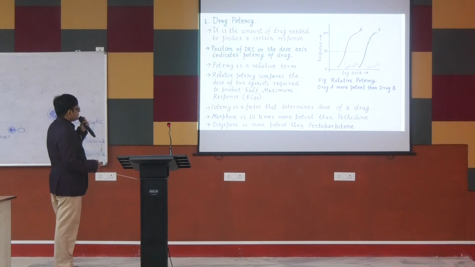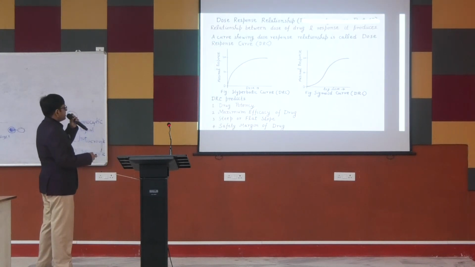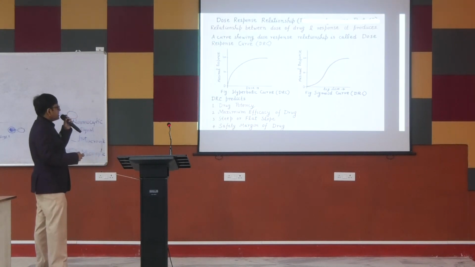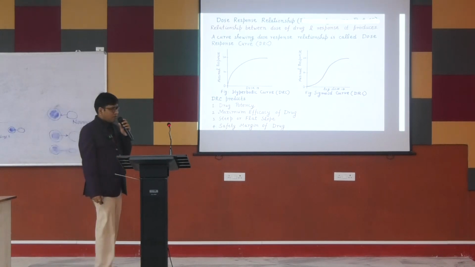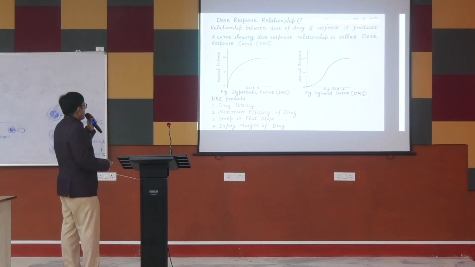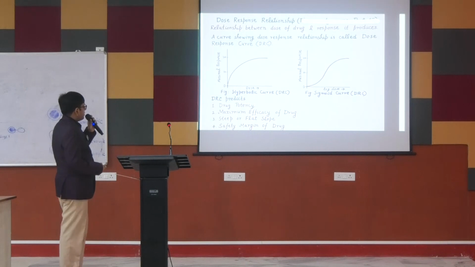This is a curve. As you can see, it's a hyperbolic curve. It is called the dose response curve. What is it actually? Here, many patients are given different doses of a drug, and the response to that drug in those patients is recorded.